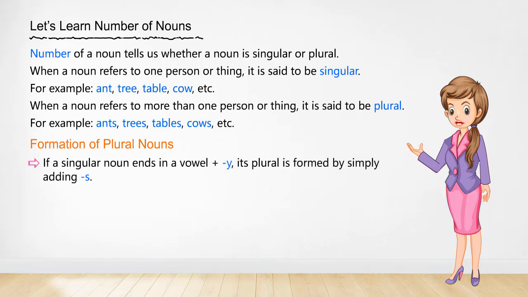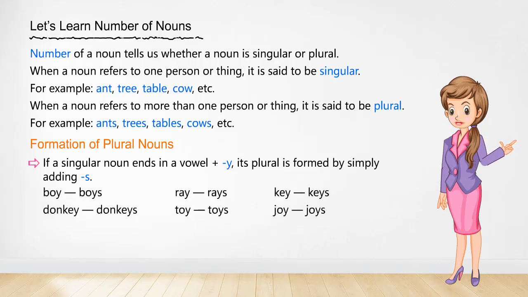If a singular noun ends in a vowel plus y, its plural is formed by simply adding s. Boy, boys; donkey, donkeys; ray, rays; toy, toys; key, keys; joy, joys.